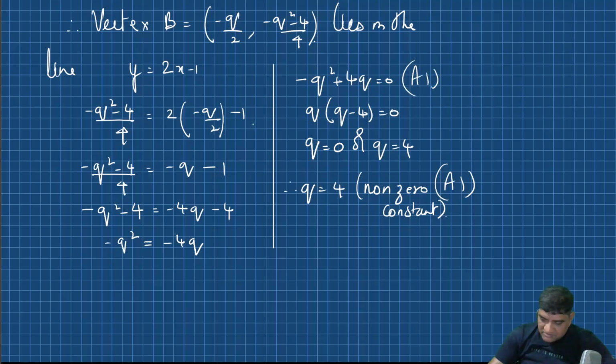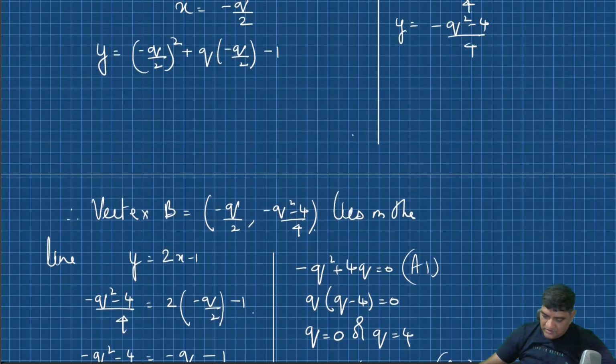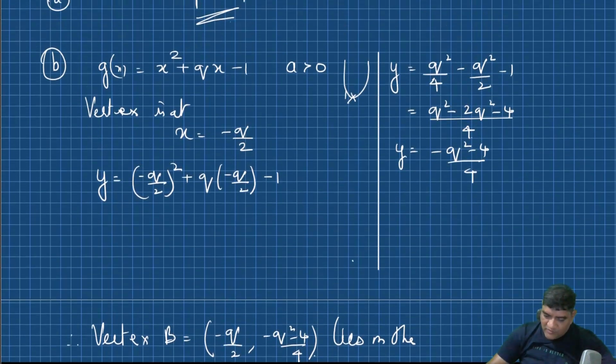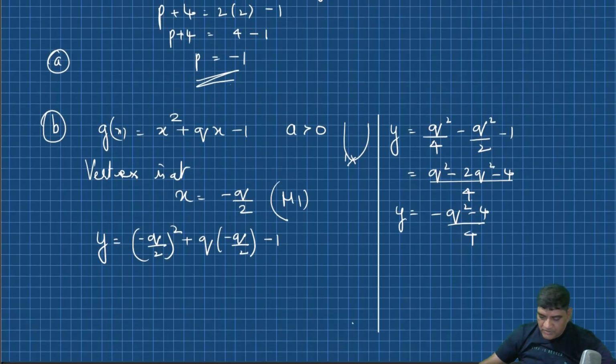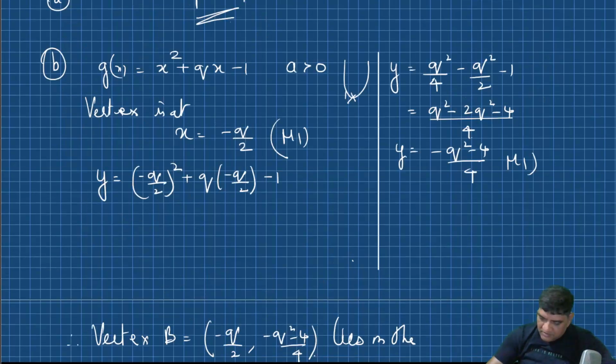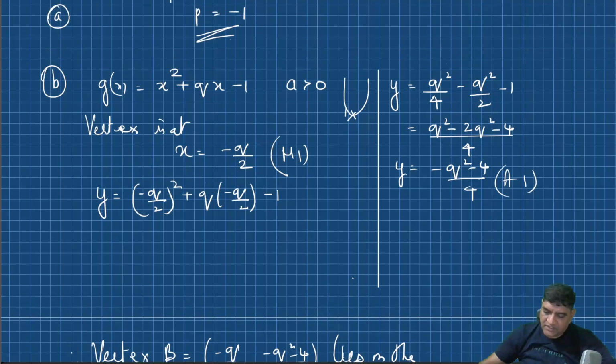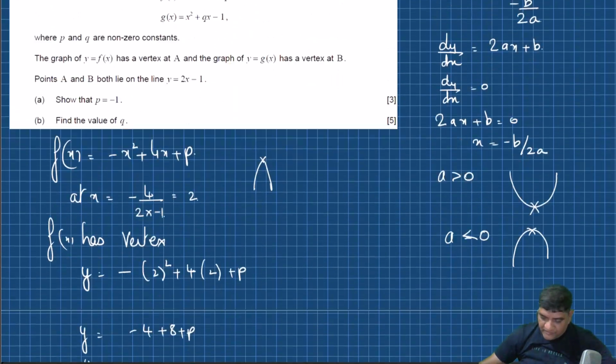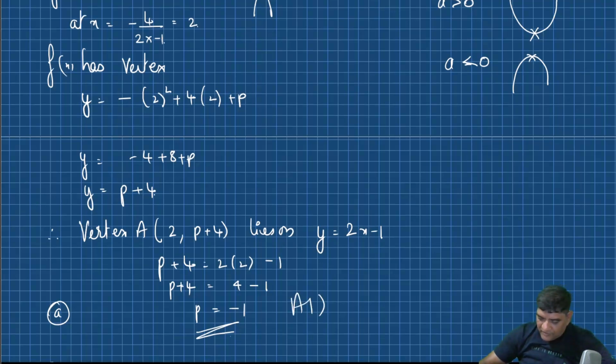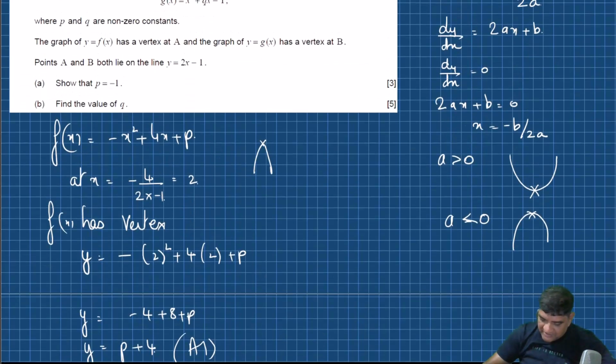For substitution to get the y coordinate, you get a method mark. For getting the x coordinate, you get one method mark. So part B is for 5 marks. For getting the y coordinate, you get an A1 mark. For part A, there are 3 marks: one mark for getting the value for p as minus 1 directly, and one mark for getting the y coordinate, and one mark for getting the x coordinate.